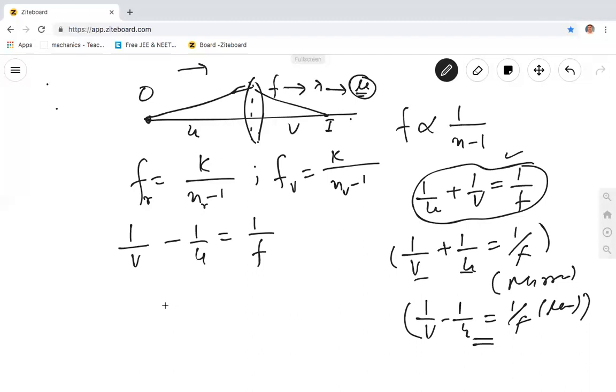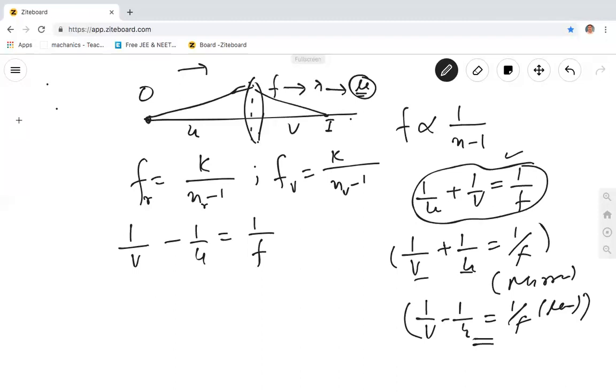Now what does he say about it? He says, now suppose the white object is placed 20 centimeters in front of the lens.